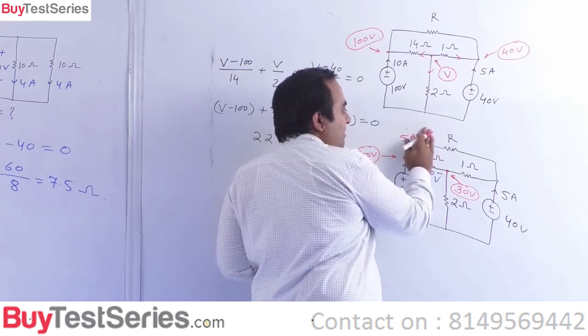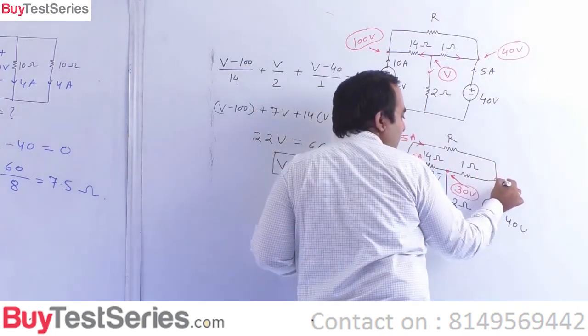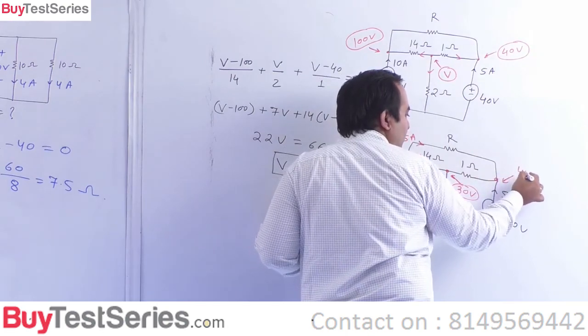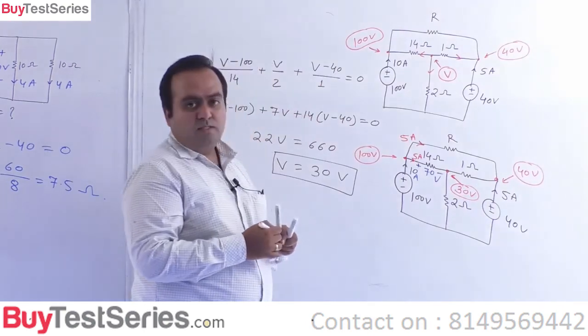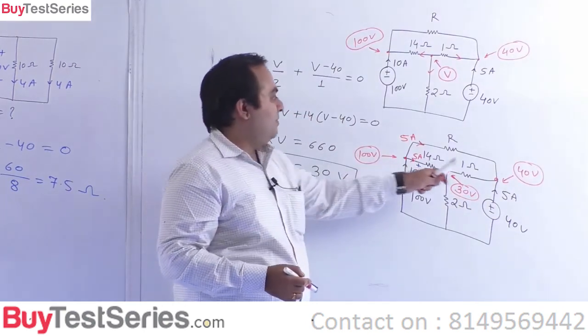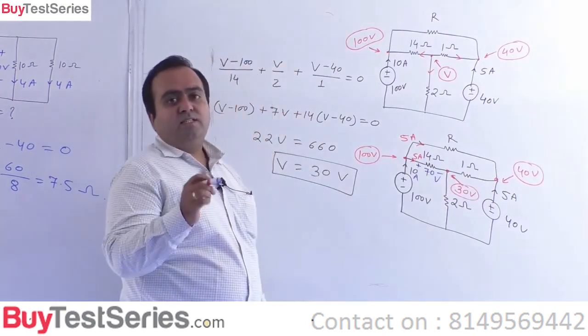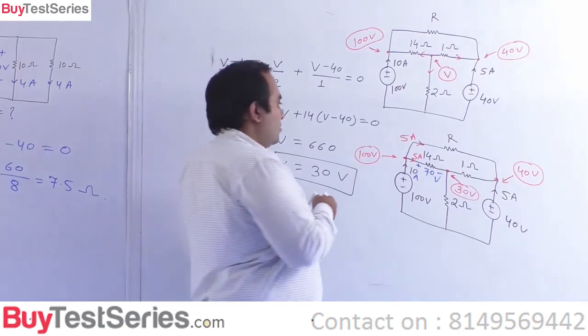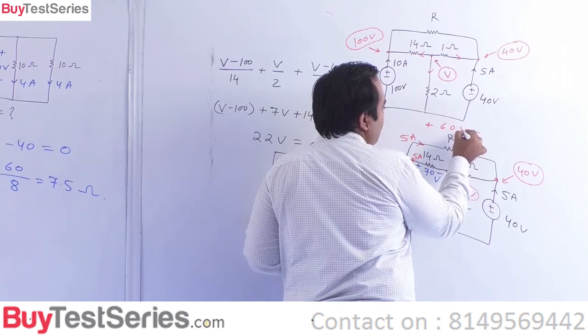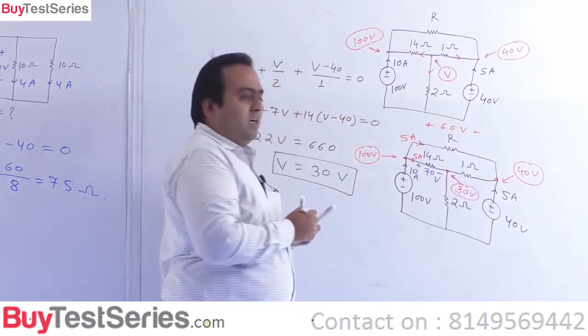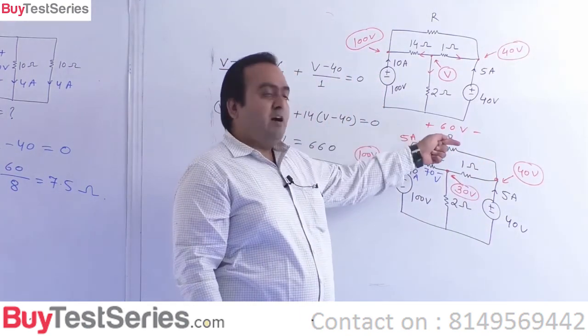If you see this voltage here, it is 40 volts. Is this okay? So 100 minus 40 is 60 volts. So the current through this resistance is 5 ampere.